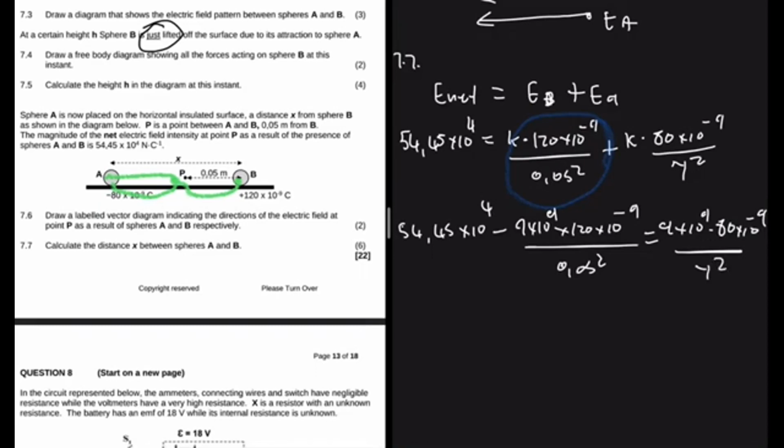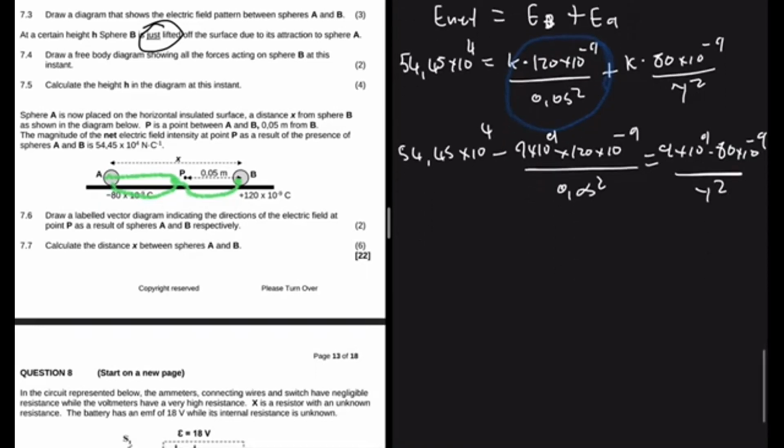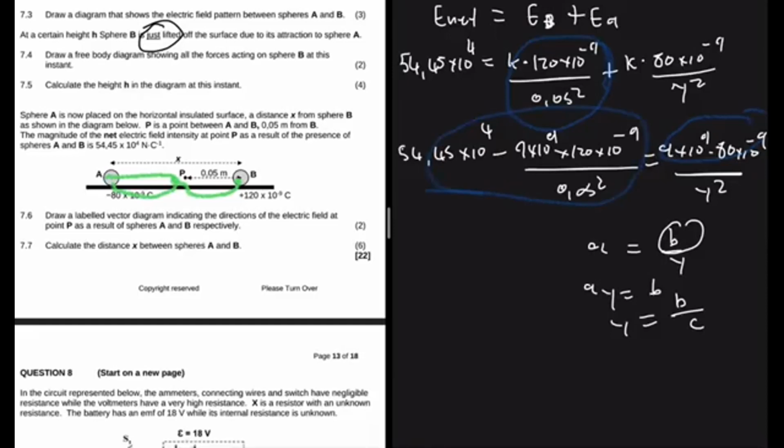So now I can rearrange this equation in an attempt to find y squared. So basically, if you have a equals b divided by y and you want to find y, you're going to cross multiply, get ay equals b, so y will be b divided by a. You can see that b in our equation is this expression here, and then a in our equation is this entire expression, right? So let's rearrange it so that we can find y ultimately.